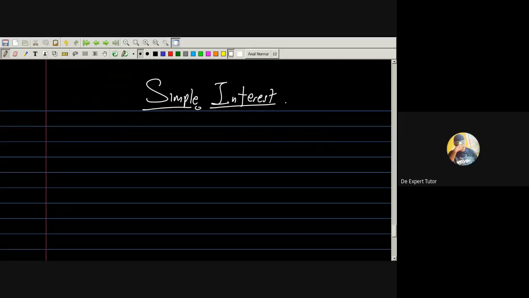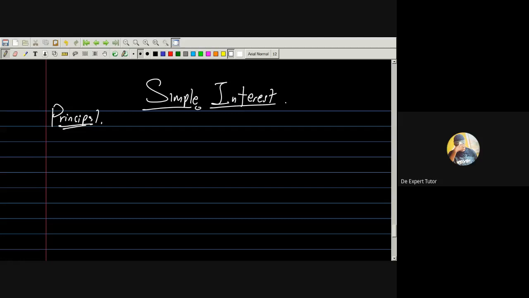Whenever you are involved in an investment or in a loan, we always talk about interest a lot. Now pay attention. The amount of money you are starting with, probably if you are saving or investing money or you want to take a loan, we call it principal.